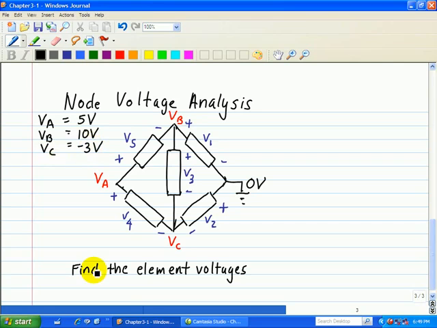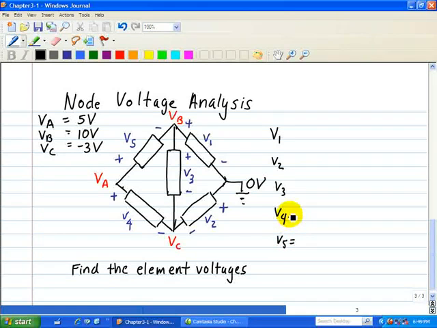We're asked to find the element voltages for all 5 devices, V1, V2, V3, V4, and V5, the voltages across each of these devices.